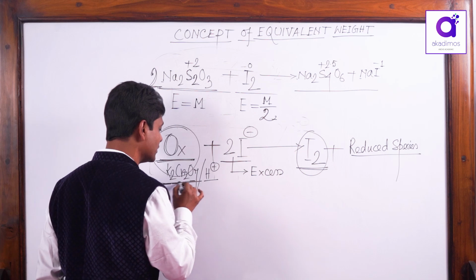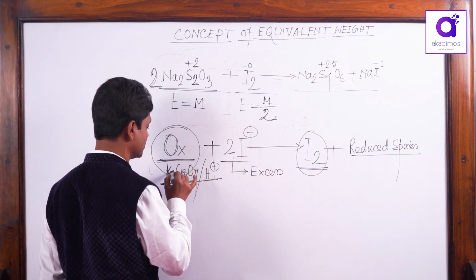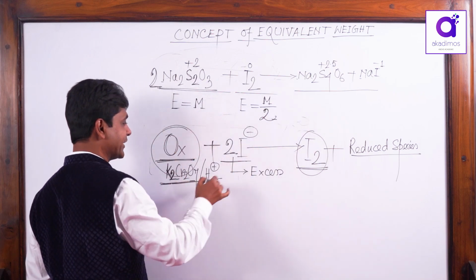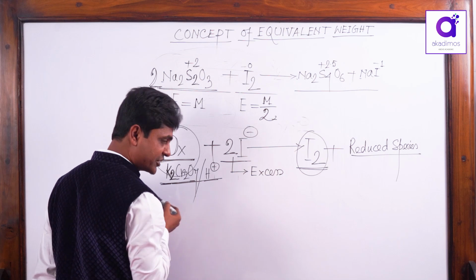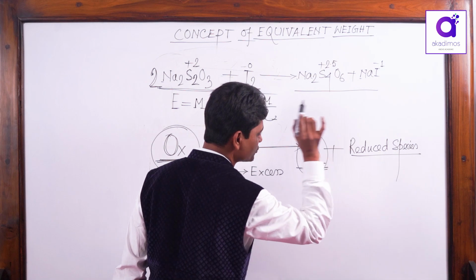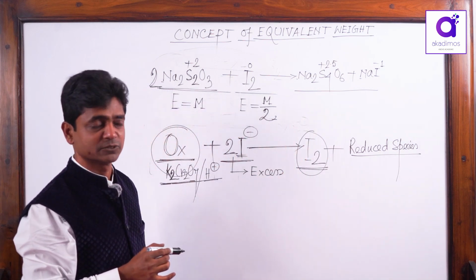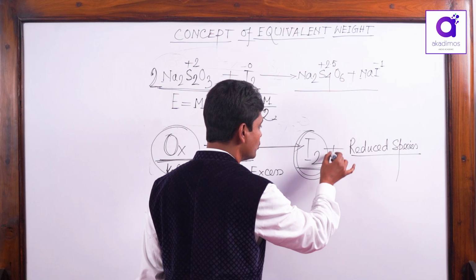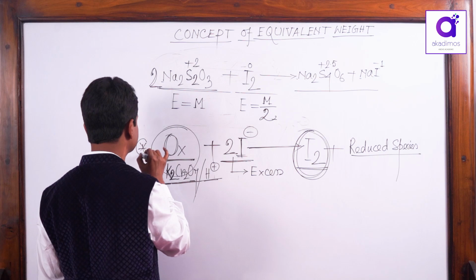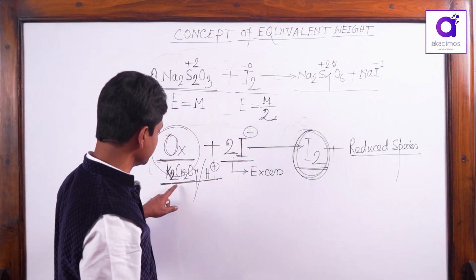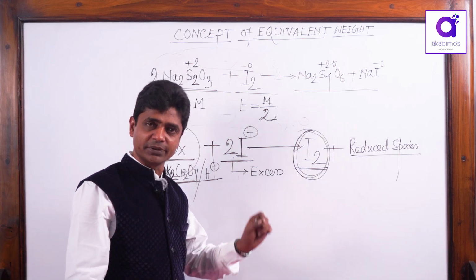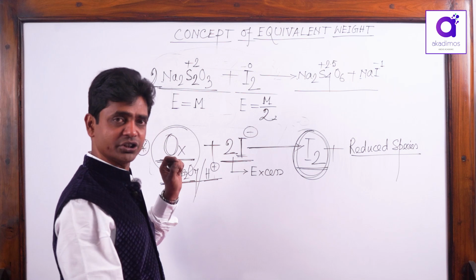That means the total dichromate in acid medium is used in this redox reaction, where dichromate oxidizes iodide to iodine and itself reduces to Cr3+. Now, the amount of iodine liberated from this redox reaction, and this oxidizing agent may be H2O2 in acid media, permanganate in acid media, copper sulfate, ferric chloride, or HNO3.